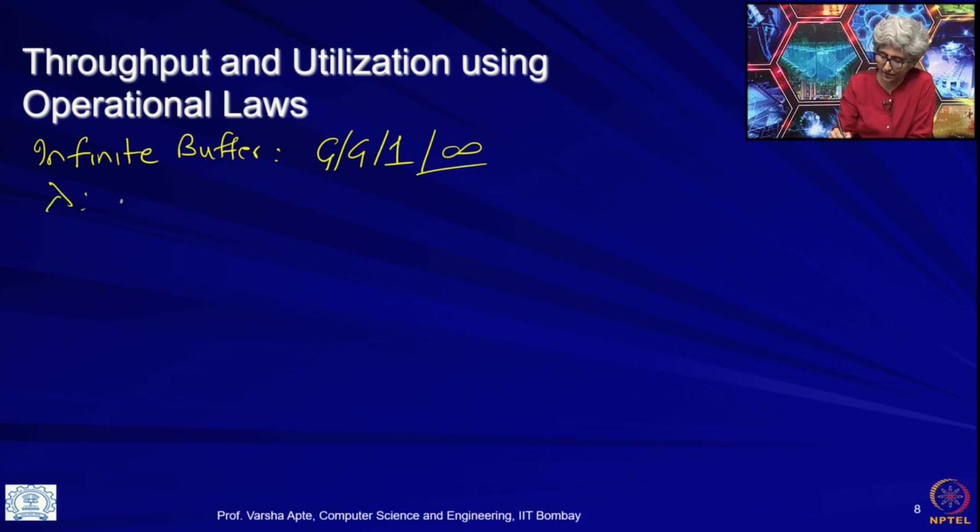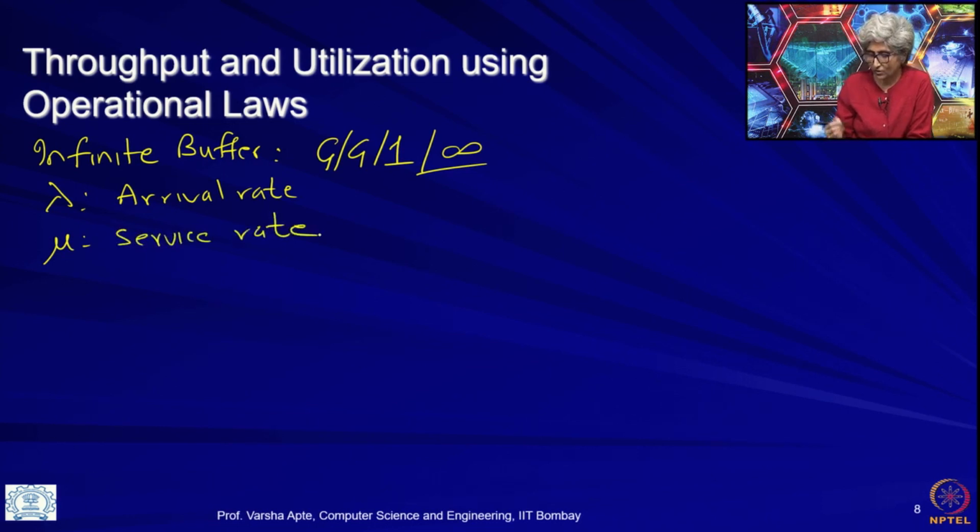Let lambda be the arrival rate, and we know that mu is the service rate. For a moment assume that lambda is less than mu. If the arrival rate is less than the service rate, what do you think the throughput is going to be? I will give you an example.